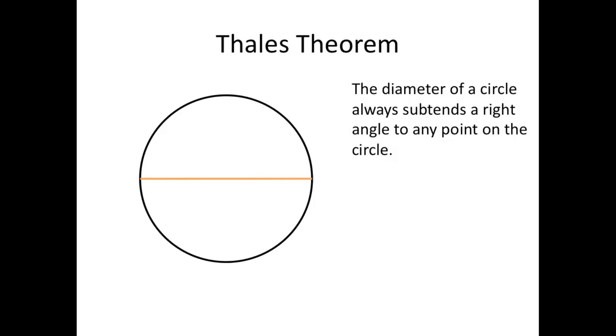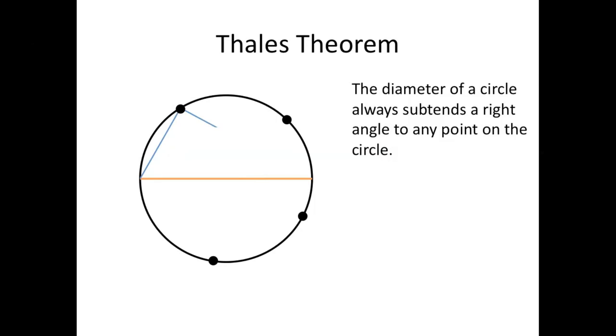Now, what it means by an angle subtends is that if you pick any random point on the circumference of the circle, let's say this one or this one, as you can see, we picked 4 random points, and we're going to draw an angle using the 2 endpoints of the diameter and connecting with the 4 points that we have.